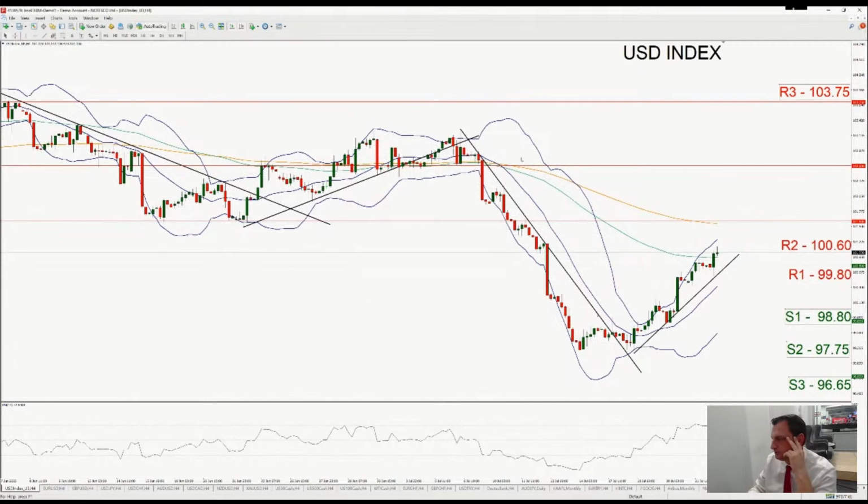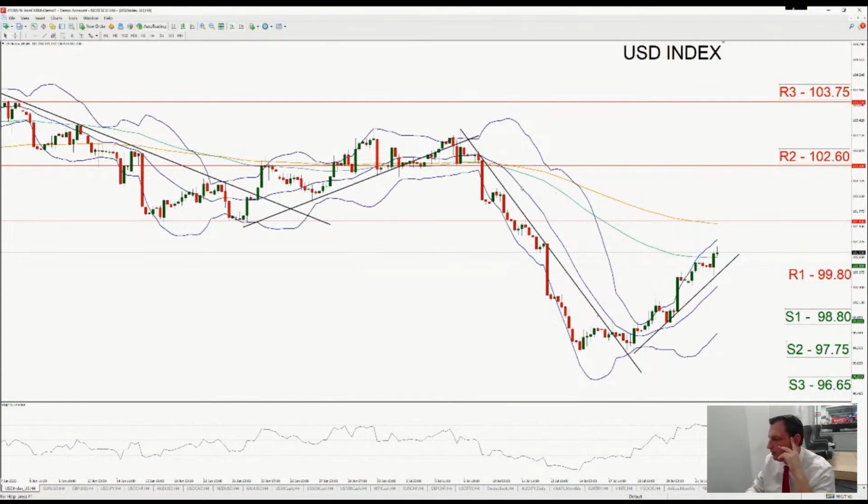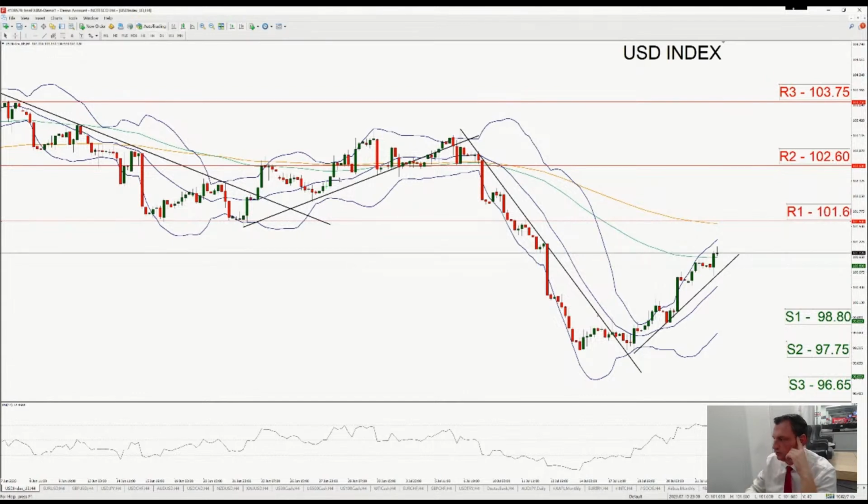There you go. Going to the R1, which is going to be at 101.6. There you go.